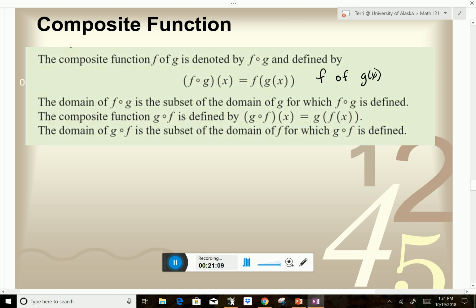So now we're taking the function of something else. And you've kind of seen this before when you plugged in x plus h for x in the difference quotient. You have a new function that you're plugging inside of another function. And you can also go the other way. And they're not always the same thing.